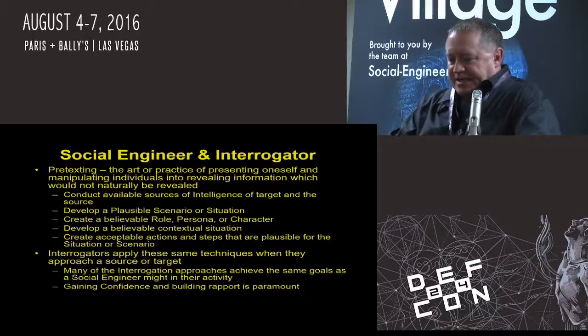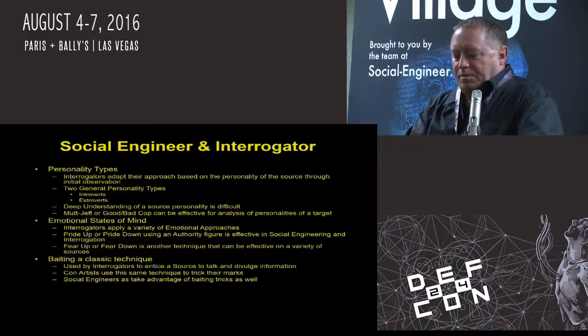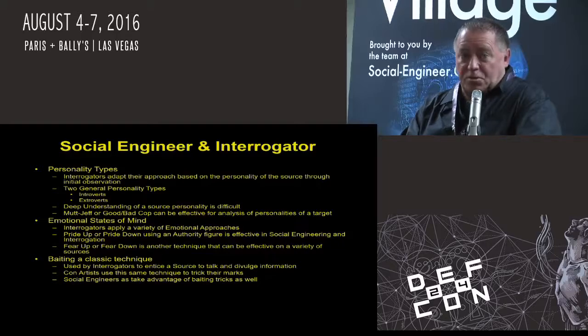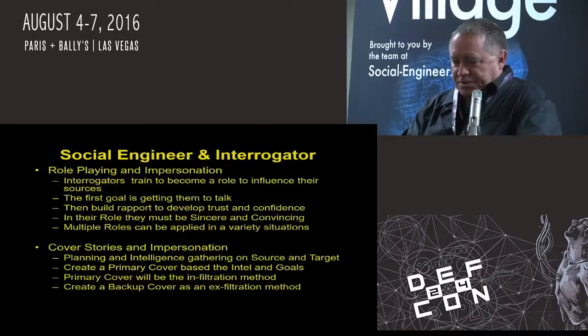We use the same techniques as interrogators, just a little bit different. We're looking at personality types just as you are. We're looking at emotional states of mind. And baiting also is a classic technique that you're all aware of as a social engineer.